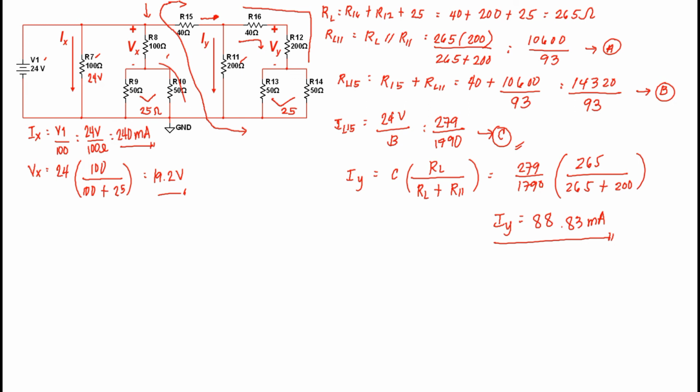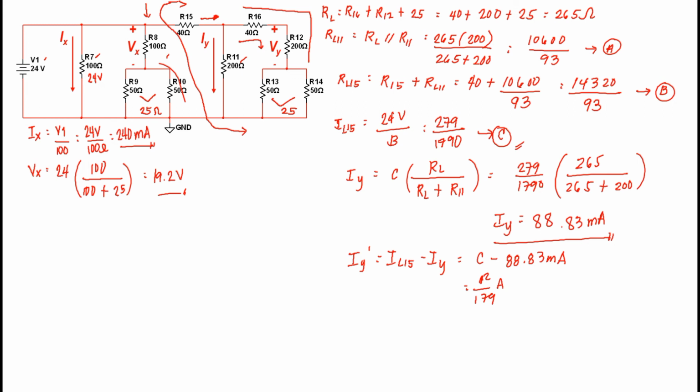Now, to solve for Vy, we only have to get the current that's flowing through here. Let's say that is Iy prime. Iy prime is equal to IL15 minus Iy. So that is C minus the answer that we got, 88.83 milliampere, that is 12 over 179 ampere.